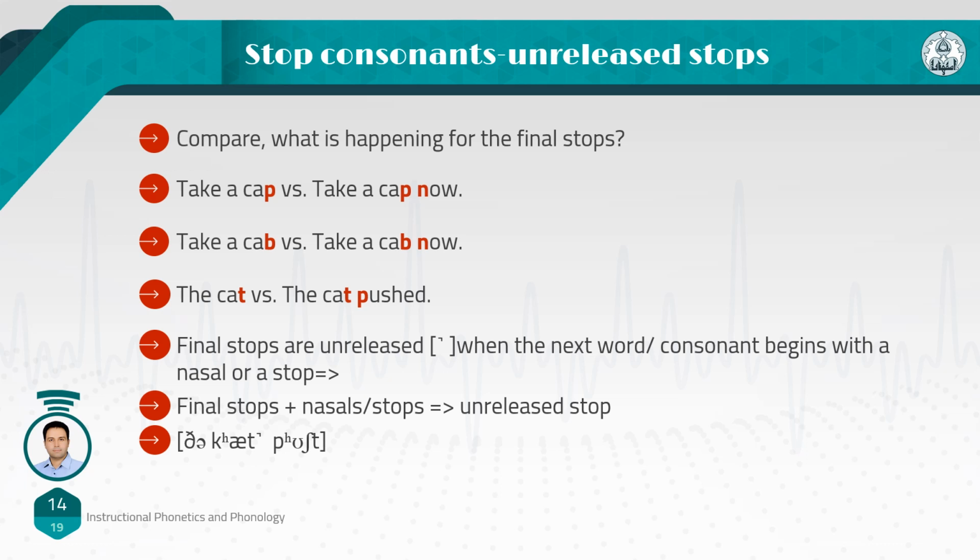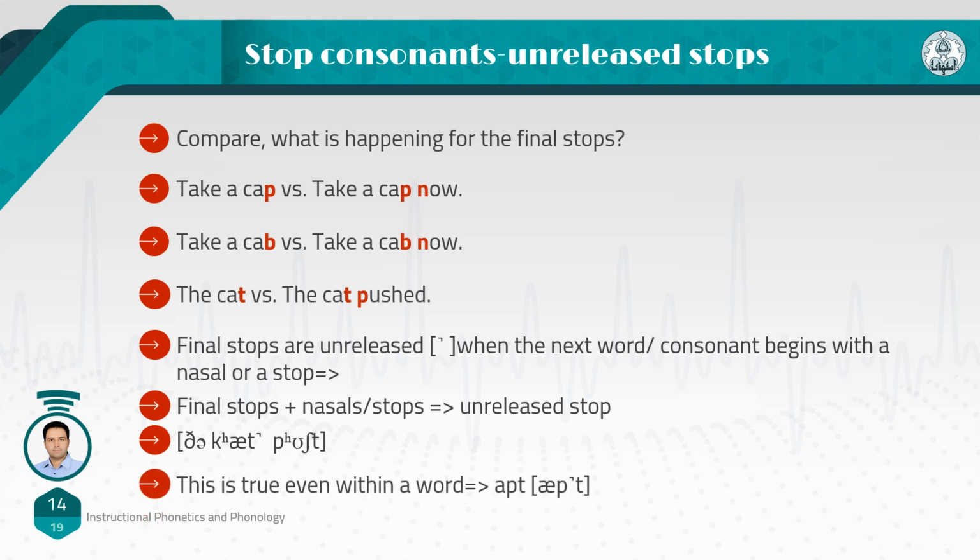If we want to perform the released one, we should say the cat pushed. But we say the cat pushed. The cat, here it is released. The cat, but here the cat pushed. As you can see here, t is unreleased. The cat pushed.